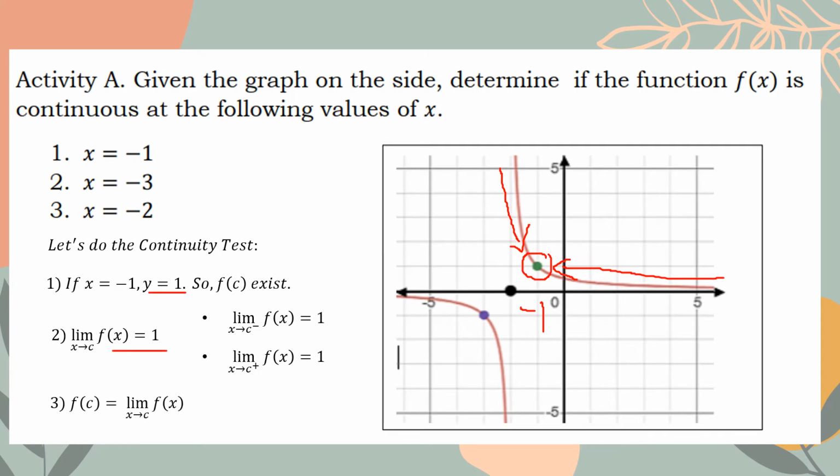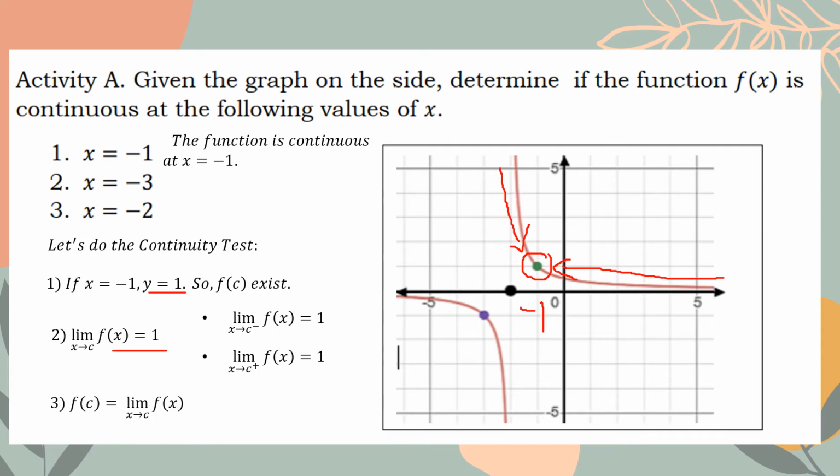So f of -1 equals 1, and the limit is equal to 1. Therefore, the function is continuous at x equals -1. Obviously, when you trace the graph at x equals -1, there is no hole, no break, there's no stopping in your tracing of the graph.